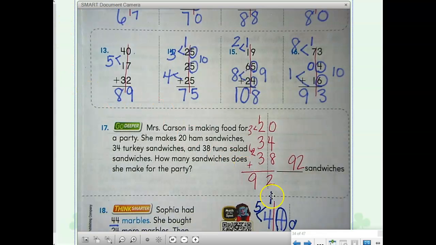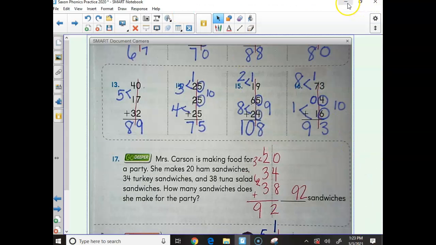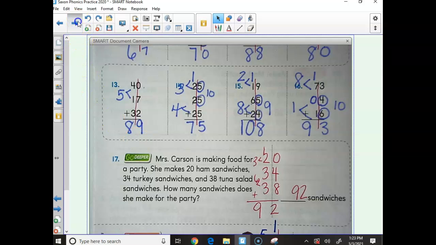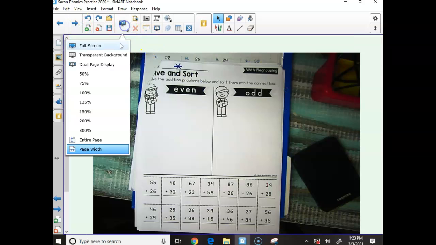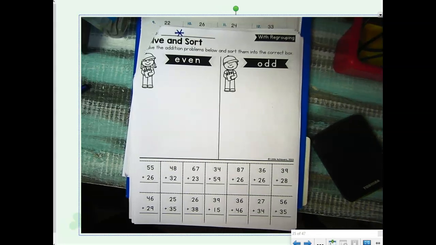So today you're going to need your math packet for adding two-digit numbers. You need to turn to the page that looks like this. It has a star. Let's see, I may have it on here. I'm sorry, guys. I do. Forgot I put it on here. I'm sorry. And I put a star on it.